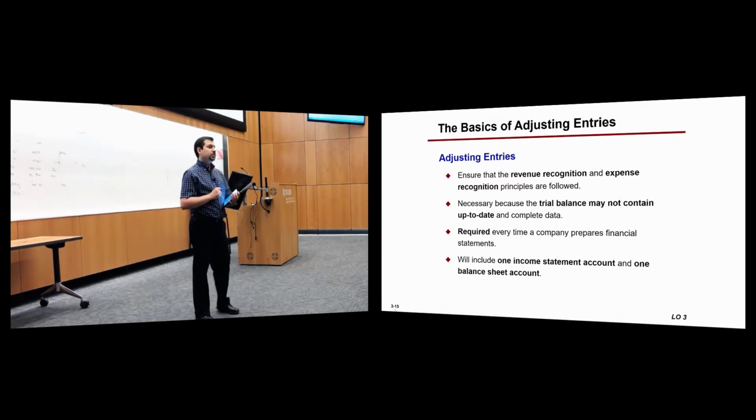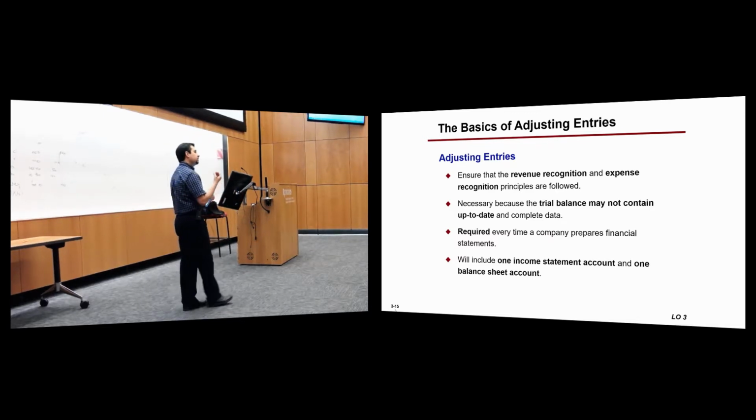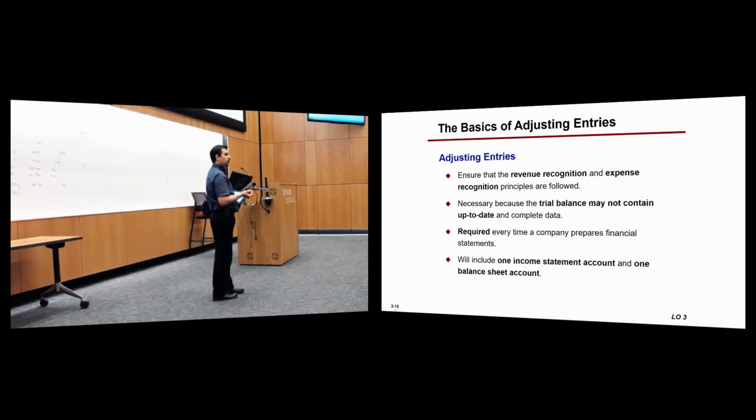This is a necessary step before preparing any financial statement. You must have updated balances. Most of the time when an adjustment happens, you include one income statement account and one balance sheet account. What do we mean by that? Do you remember what the income statement accounts are?